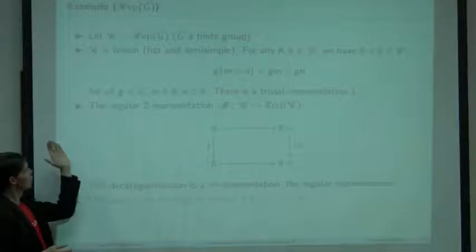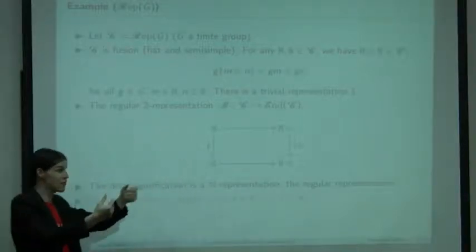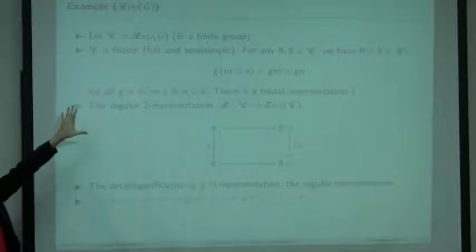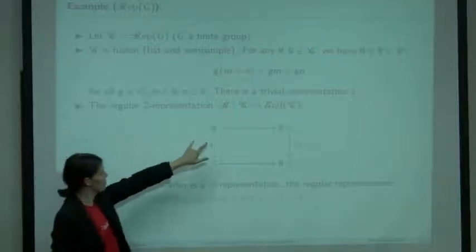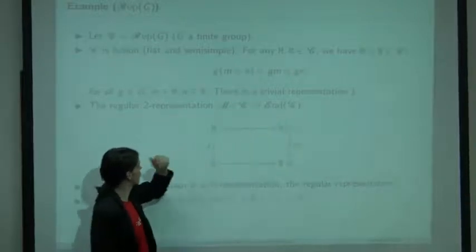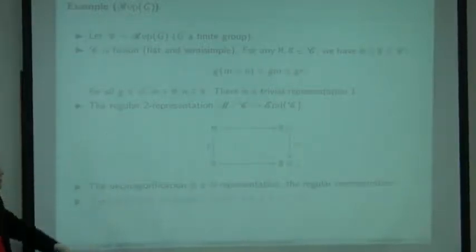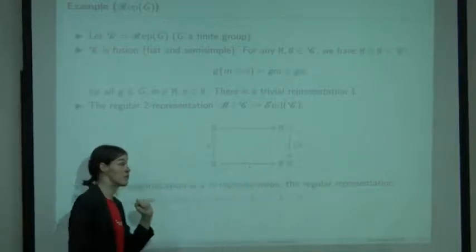And what is a two representation? A two representation would be, right? We have categorified representation theory. We are not looking at representations of G. No, we are looking at representations of the category of representations of G, which is just a two-functor to a suitable target category. In this case, it's a regular two representation, which is, in this case, super easy. It's just tensoring with your particular module.